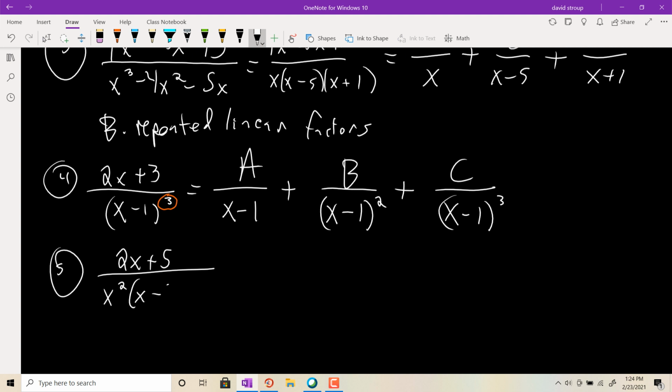So here we have x squared times x minus 3 times x minus 1 squared. Okay. So I have 2 repeated factors of x, so that needs 2 fractions. 1 x minus 3, so just 1 fraction there, and then 2 more fractions for x minus 1 squared. So I should have 1, 2, 3, 4, 5 fractions.